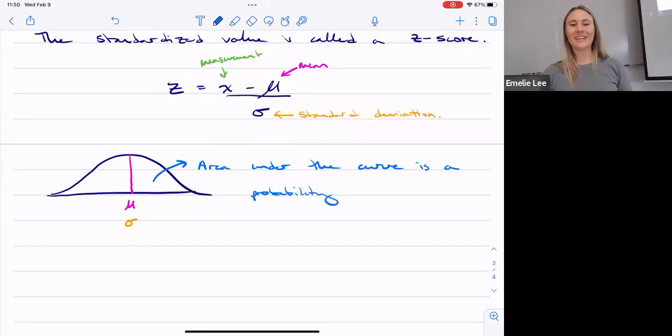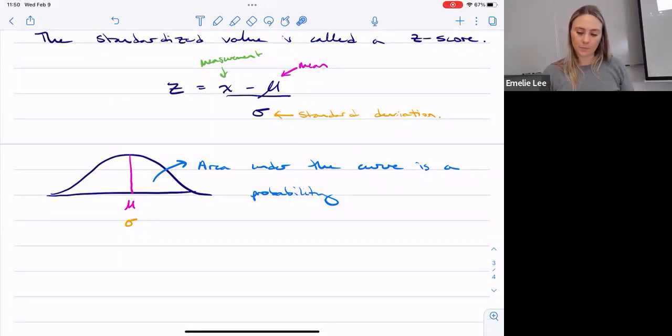And if you've taken Calc 2, for example, then you know how to find areas under the curve. The problem is the function, the Gaussian distribution function, is very difficult to integrate, right? But we would use integrals to find that area under the curve.